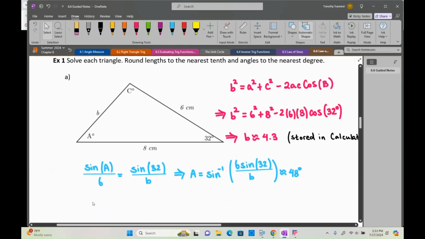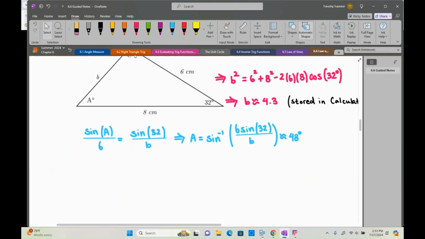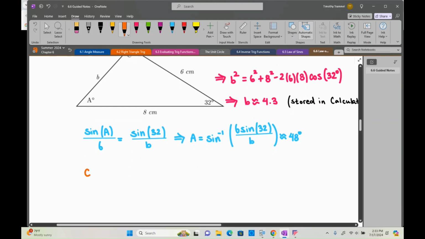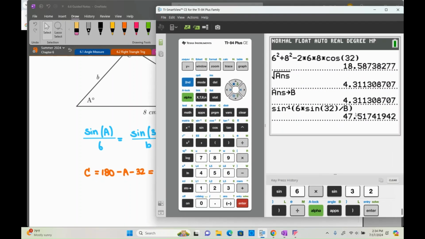And so all that we have left then is to find the angle C, which should just be 180 minus the two angles that we already know. So we know the angle A, and we know the angle that is 32 degrees. Okay. So I already have A in my calculator. It's this 47.5 something.